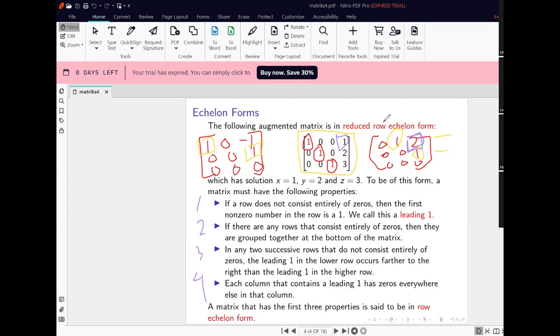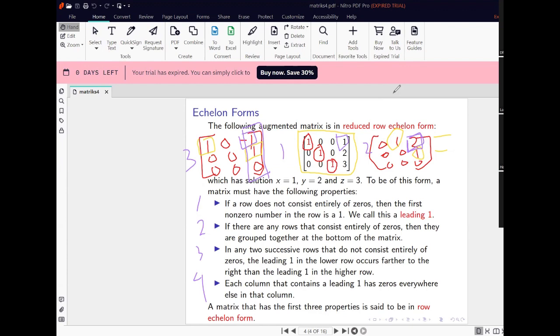Also in example number 3, we see that in this column, which contains a leading one, there is -1 here. So this is not 0, and example number 3 does not satisfy property number 4.